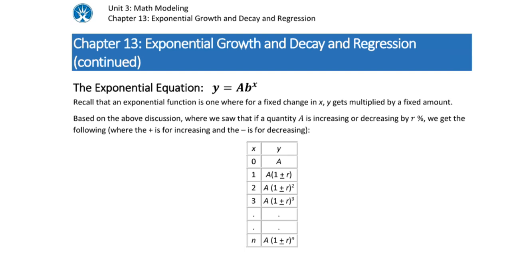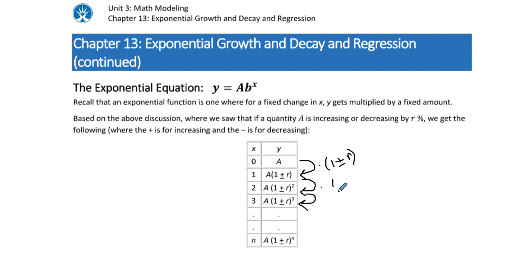So suppose that we first just consider what we were looking at last time. Here's our table of values, and we did observe that anytime you have a quantity increasing or decreasing by a percent, R%, we can think of that as exponential growth or decay, because each time we go from one x value to the next, we are multiplying by a factor of either 1 plus r if we have growth, or 1 minus r if we have decay.